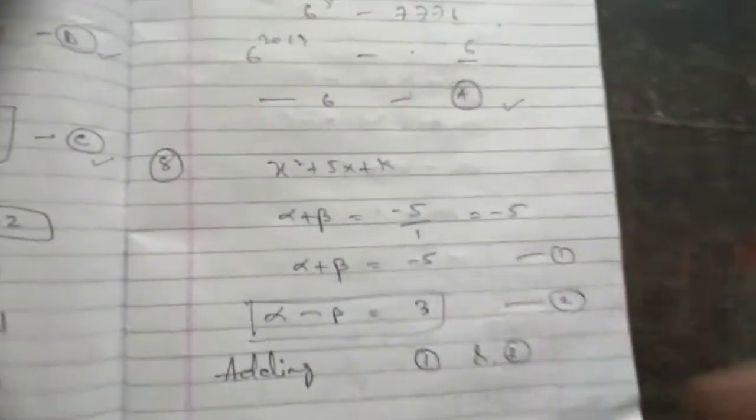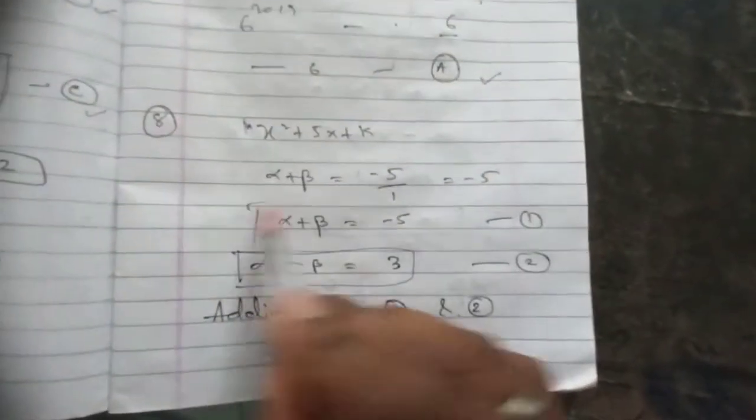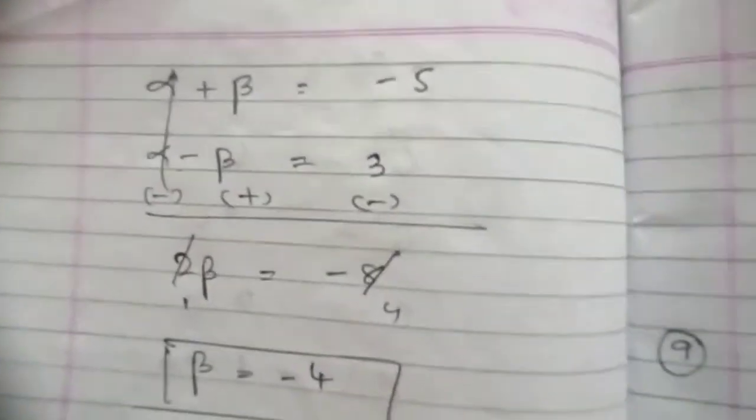From the quadratic polynomial, we take the sum of zeros: alpha plus beta is minus b by a, which is minus 5 by 1, so minus 5. So we got alpha plus beta, and from the question we got alpha minus beta. Add equations 1 and 2. If you add these, it means you are solving 1 and 2.